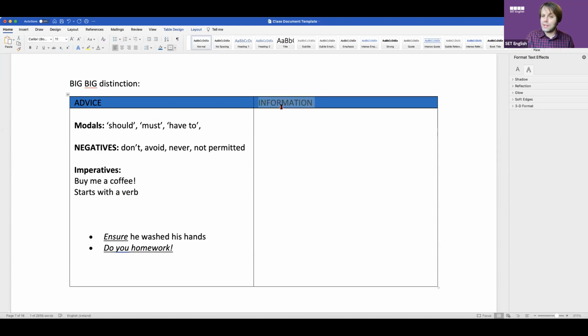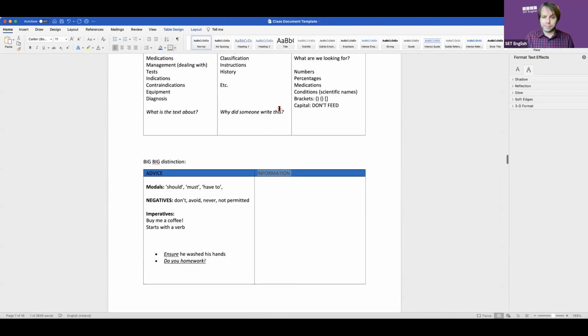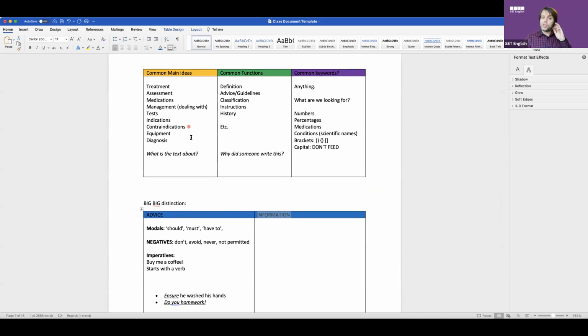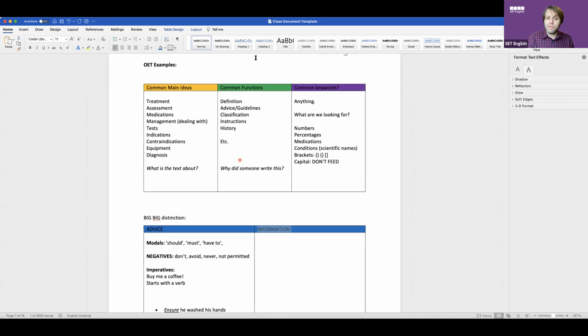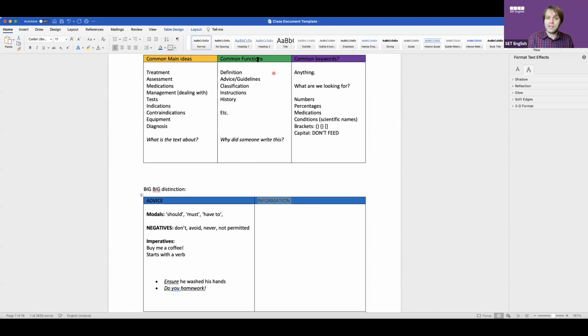So what I'm saying, guys, is this. Today, when we practice, try to differentiate text using these 3 ways. But if you don't feel very confident about function, focus on advice or information. Does that make sense? These 2 you should be able to do quickly.